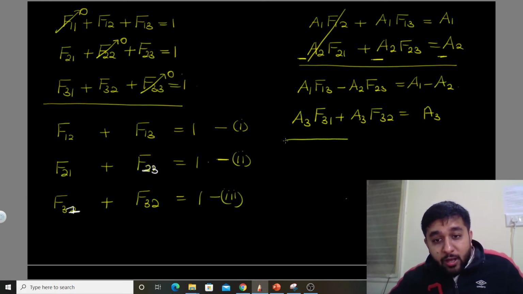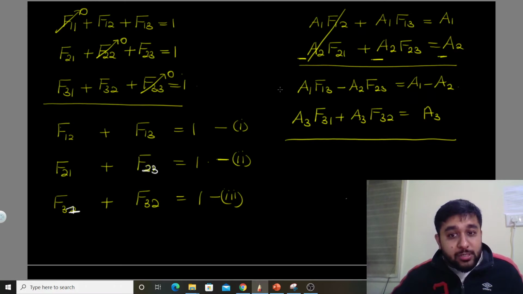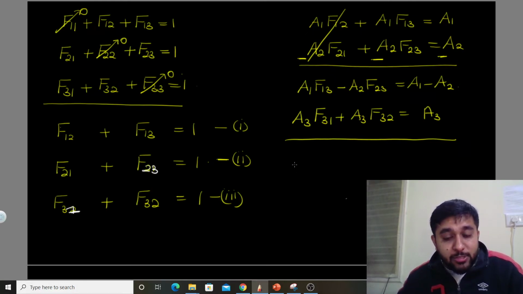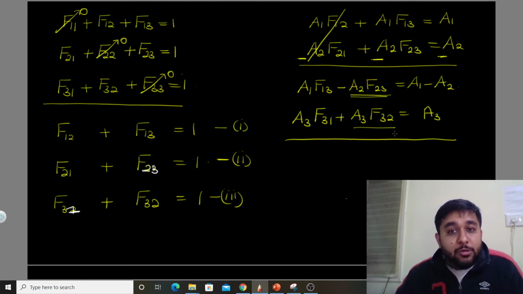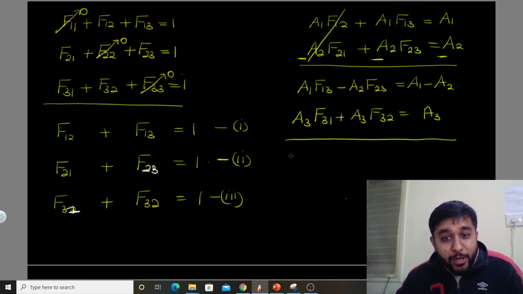Now from the equation that we found, if I subtract the third equation, what will happen? Or we can add also. How? Minus A2F23, A3F32. By the reciprocity theorem, these two are equal. So when you add, A1F13 plus A3F31, but these are also equal.